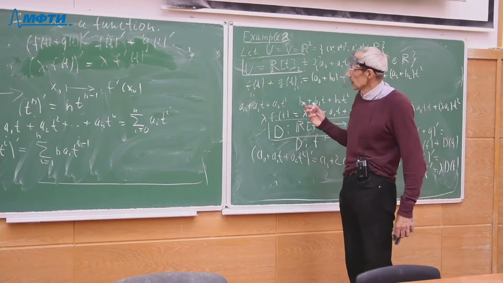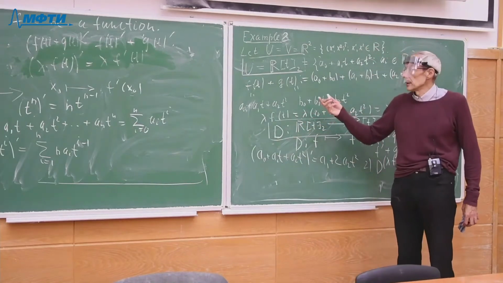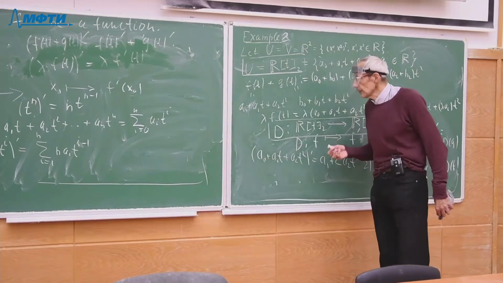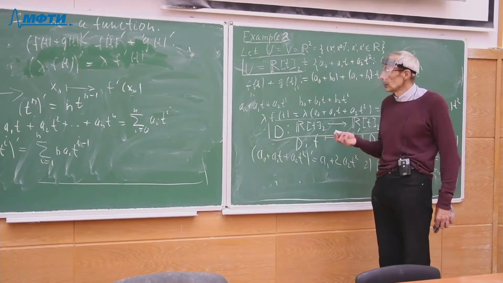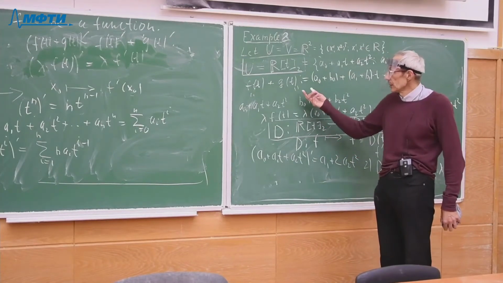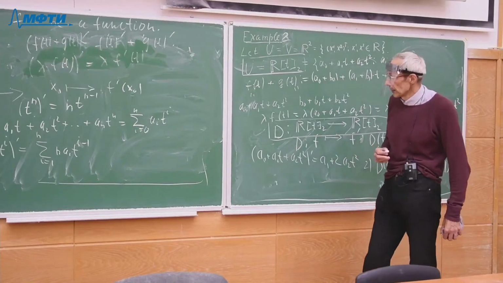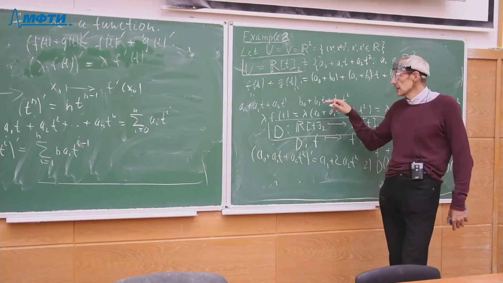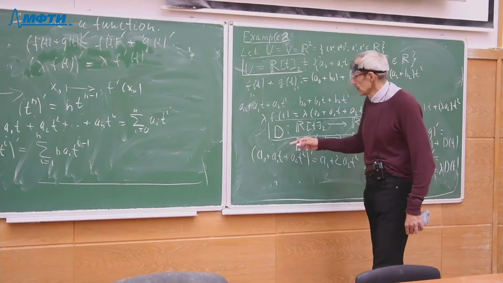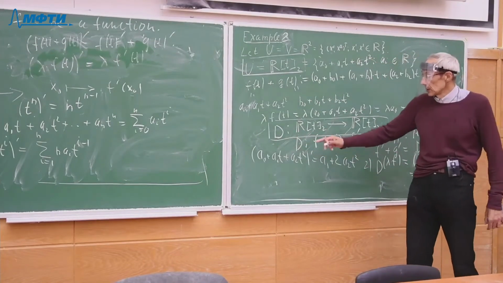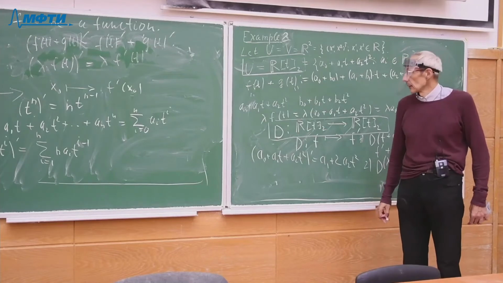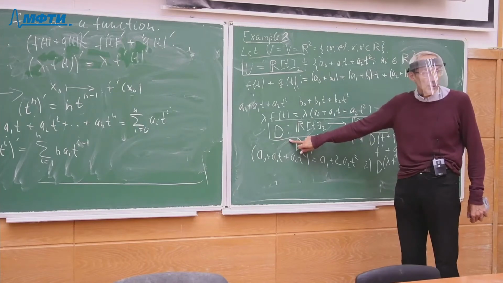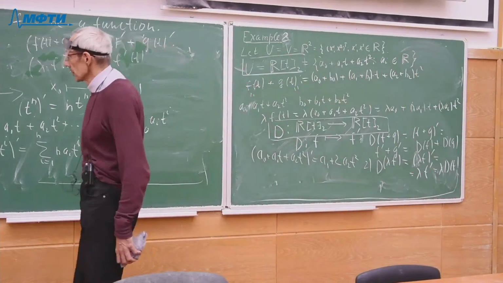In the second example, we deal with the vector space of polynomials, and we can correspond to a polynomial its derivative, and this correspondence defines a linear transformation, which we denote by D and call the differential operator, the differential transformation.